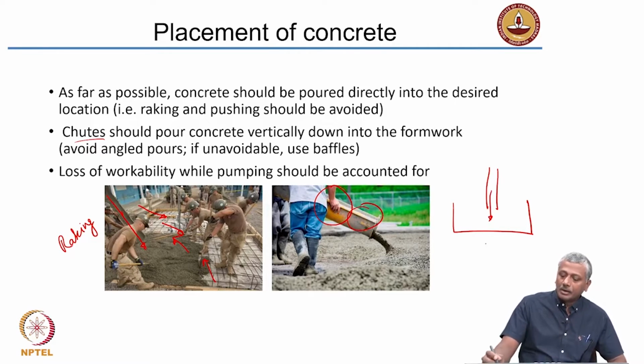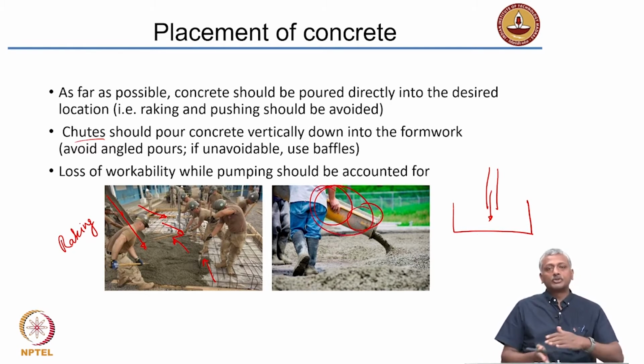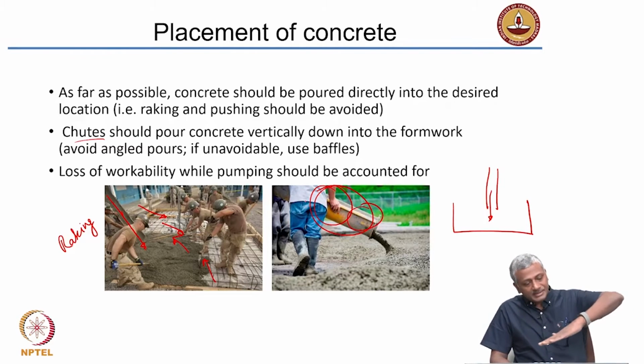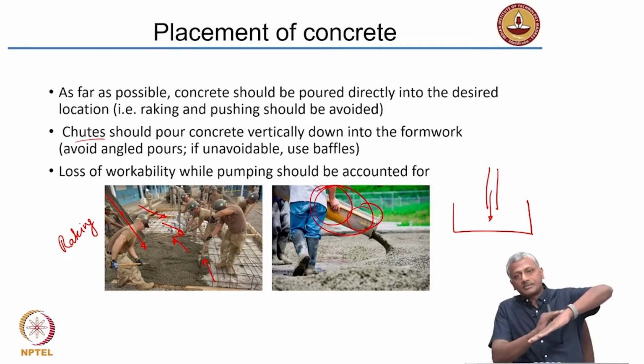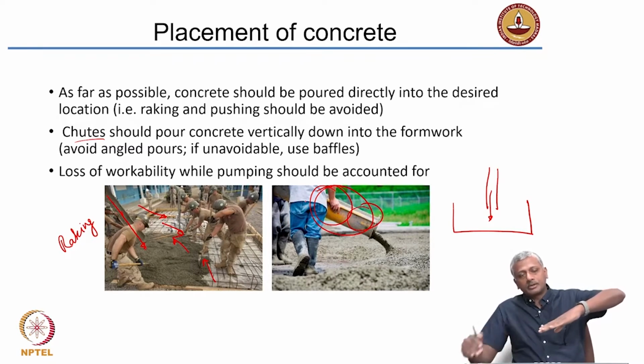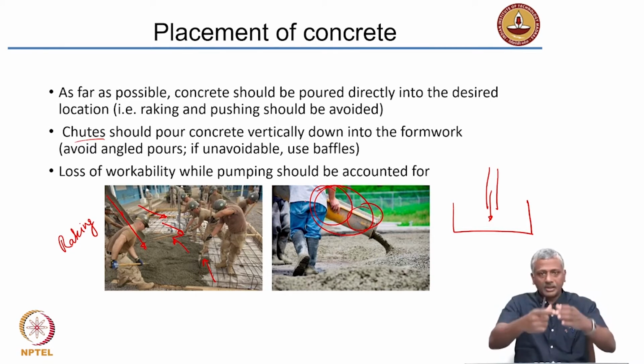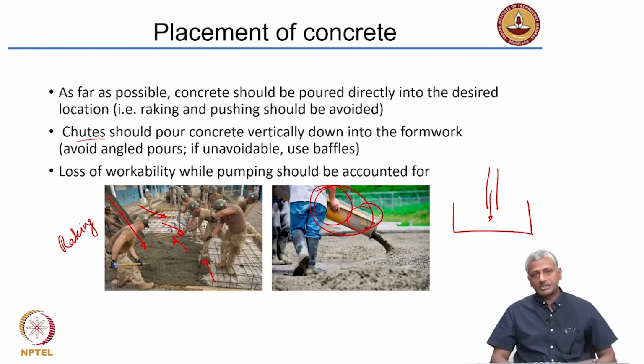Now in some cases it is unavoidable that you use a slanted chute. In this case, of course, it is directly coming from the truck. The truck has a dispensing equipment, or a tube, that comes directly down, and the concrete is poured. But when you have conveyed it through a pipe, the pipe can be made vertical and the concrete discharged vertically.